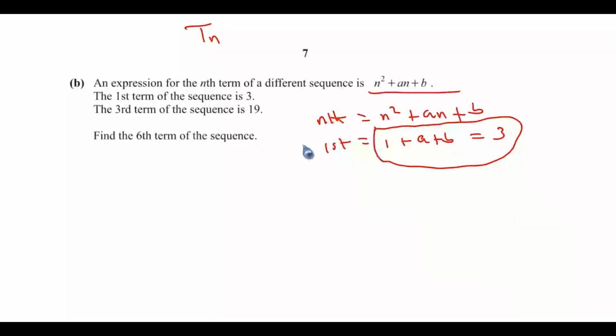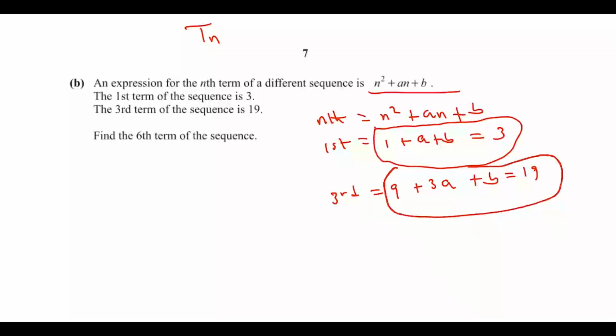Let's keep this. The third term, when n is equals to 3, will be 3 squared, that is 9, plus 3 times a, that will be 3a plus b, and is also equals to 19. So let's take note of these two. This is the second equation.